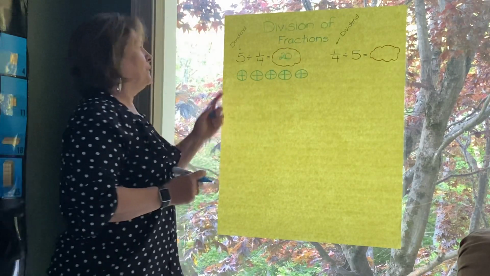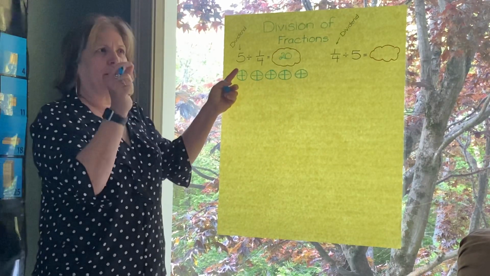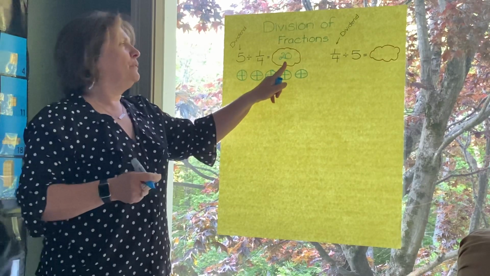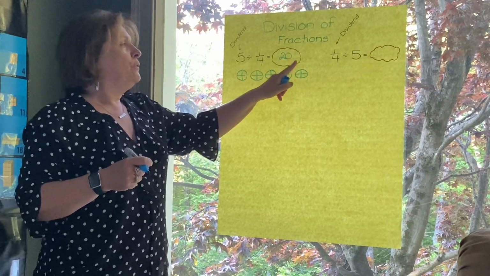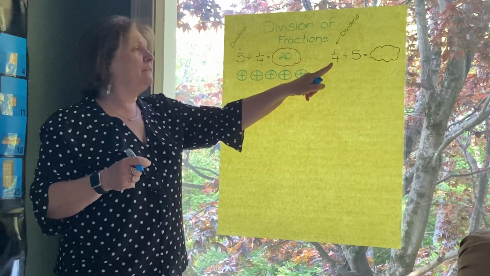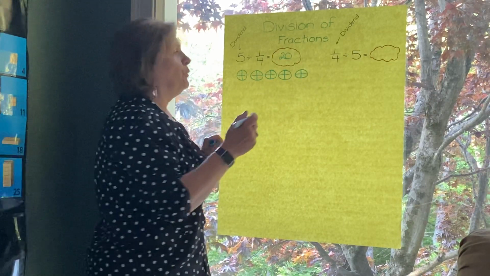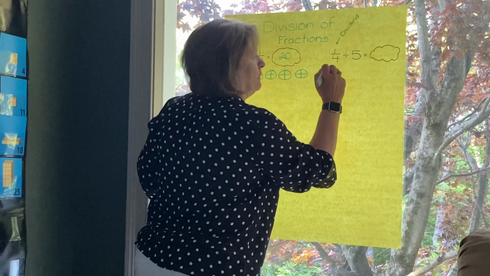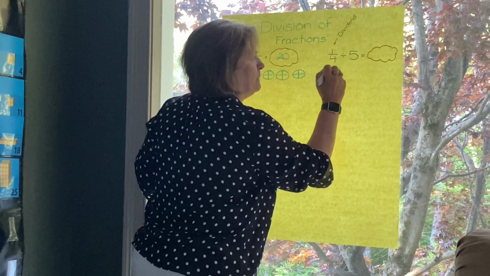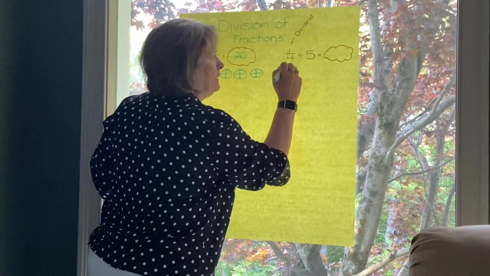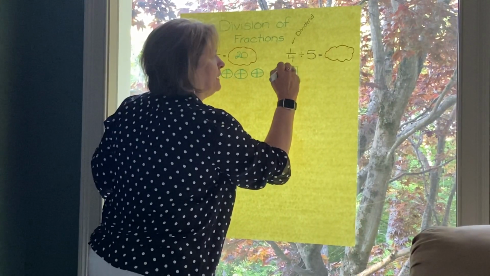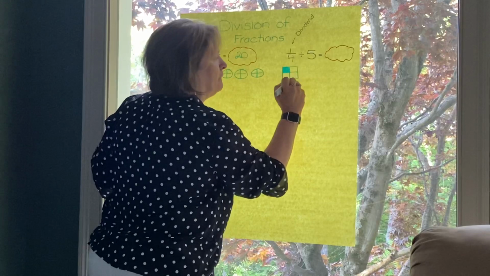So when we start with a whole number and we're cutting them into little tiny pieces, we know that our quotient or our answer is going to be greater, which is not the same as if we start with 1/4 of a pizza. My pizzas are going to be square this time. 1/4 of a pizza, and we have to split it with 5 friends.